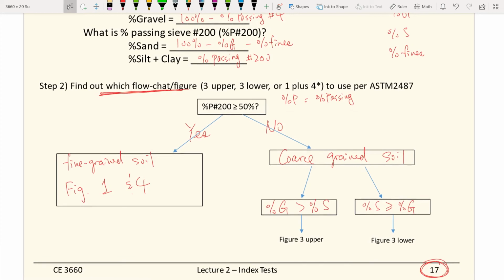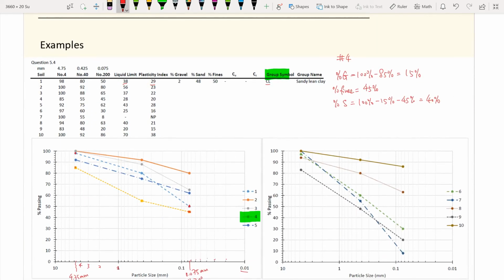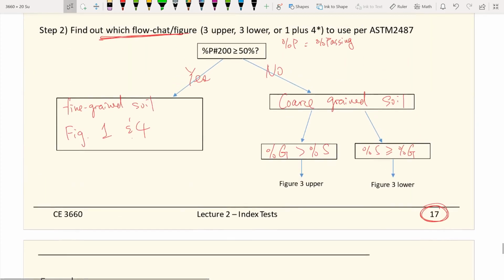The next thing to do is determine which flow chart to use. So now we ask: is the percent passing number 200 greater than or equal to 50%? For us, passing number 200 is 45%, which is less than 50%. So we are not a fine-grained material.